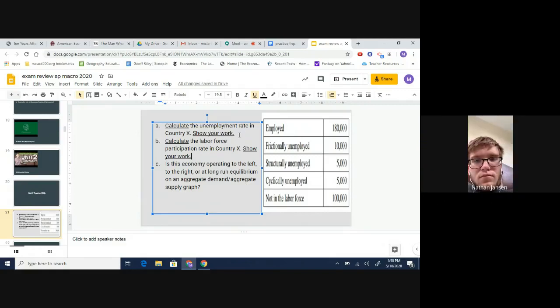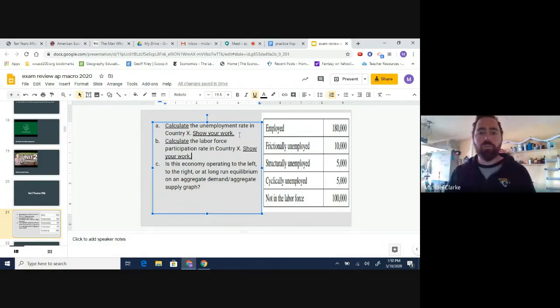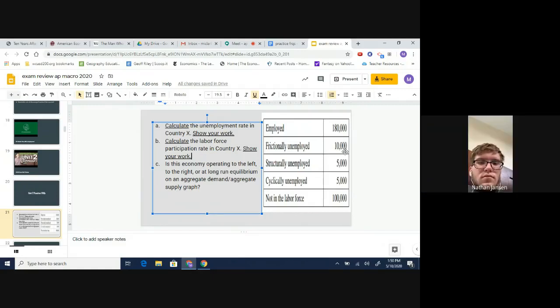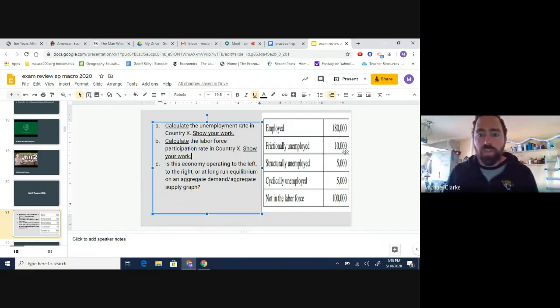All right, so part A, you have to find the unemployment rate for country X. So you got a whole bunch of different types of unemployment here. You got frictional, structural, and cyclical. And then you have some people that aren't in the labor force, and some people who are in the labor force. So remember, the unemployment rate is your unemployed divided by your labor force.